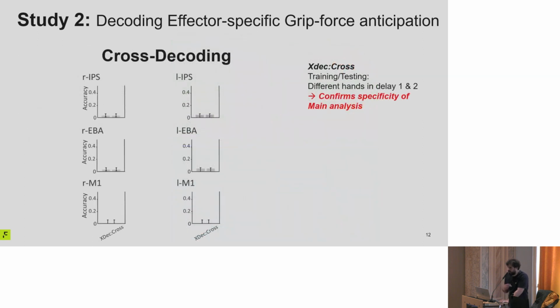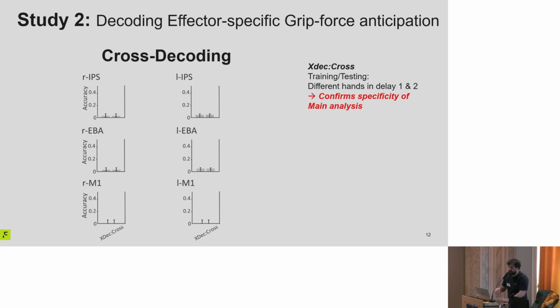Additionally, we ran two additional analyses, namely two cross-decoding analyses. The first one can be labeled a cross-hand cross-decoding, in which we trained our support vector regressor on the betas reflecting preparation with the right hand, and tested it on betas reflecting preparation with the left hand, and vice versa, in order to test within each delay period whether the preparation with the two hands showed similar brain activation patterns.